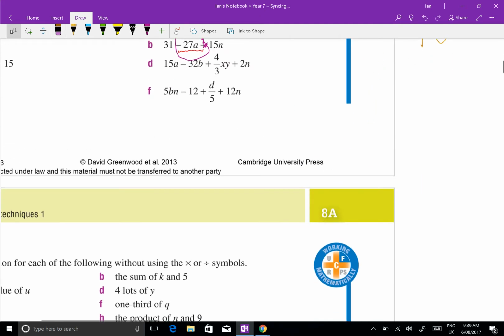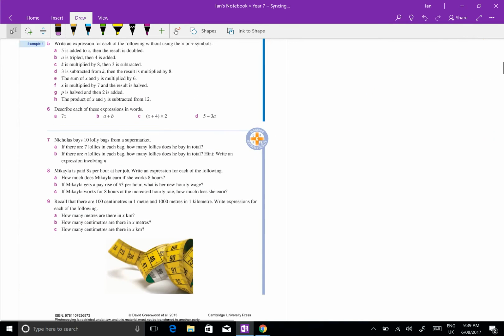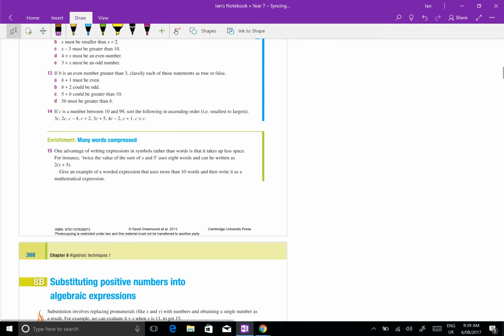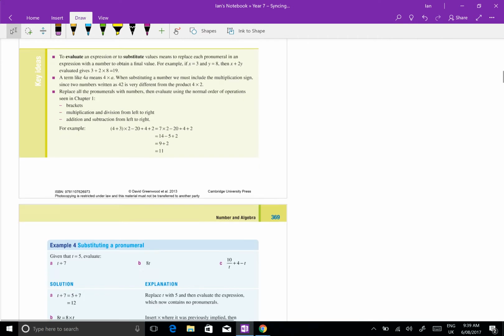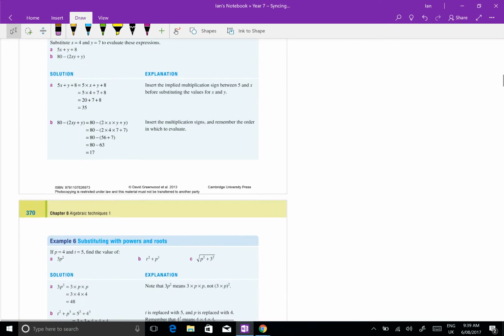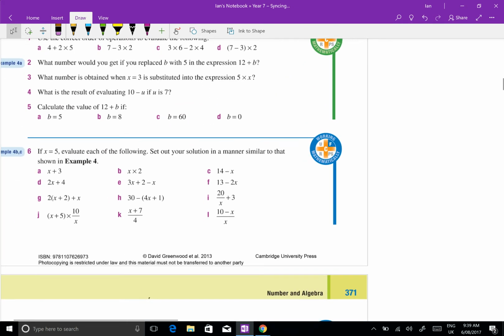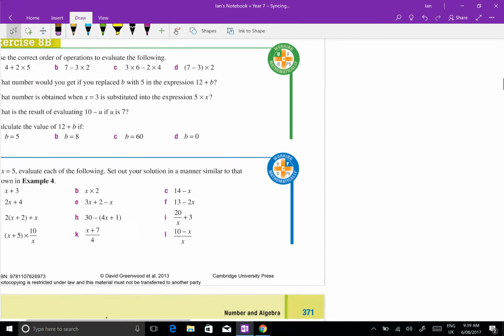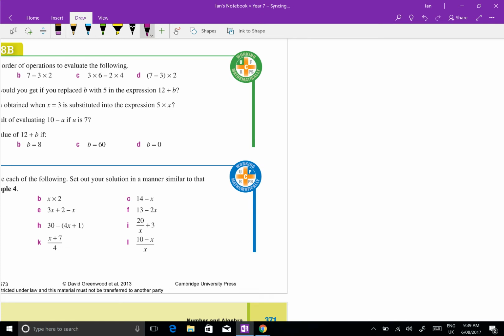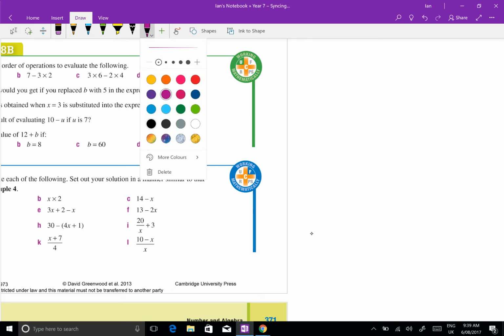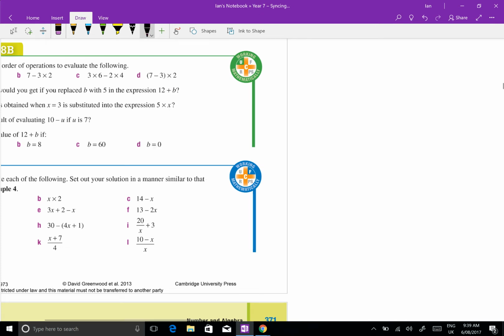All right, let's go down and have a look at what we do when we do substitution. So here we have an expression, and it is 12 plus B. So 12 plus B is an expression.